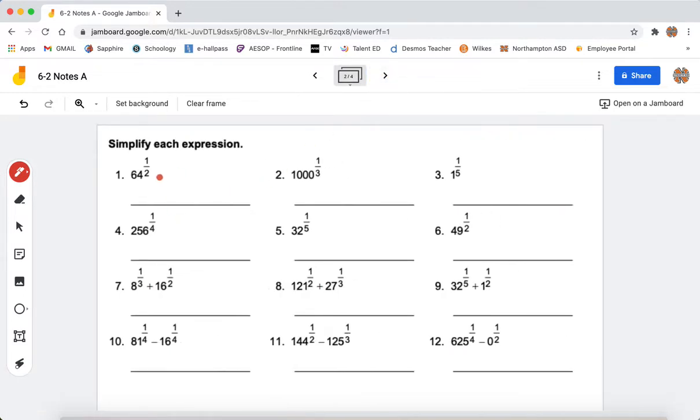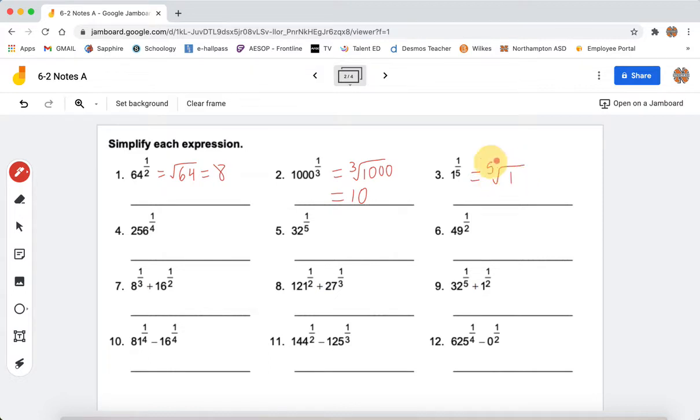So 64 to the 1/2 power. So that's a square root. So square root of 64 is 8. Next up, we got a cube root. Cube root of 1,000 is just 10. Ones are easy. 1 to any power, 1 to any root is always going to be 1. But just get the practice in writing this out.